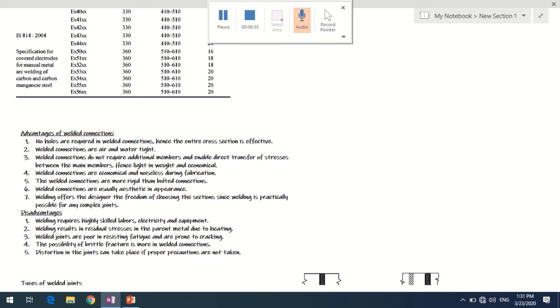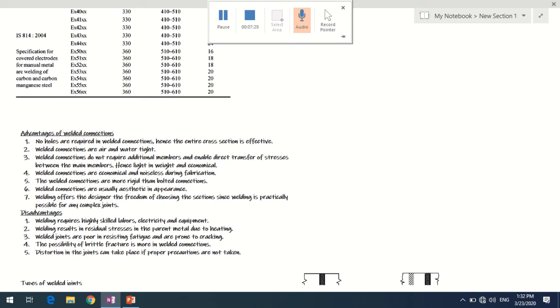And welds are also more brittle, and they undergo brittle failure. We do not want such brittle failure in the structures because they hardly show any signs of failure. We try to avoid such brittle members or brittle joints in the structures. And the next disadvantage is distortion in the joints. While connecting two members, we need to take care.